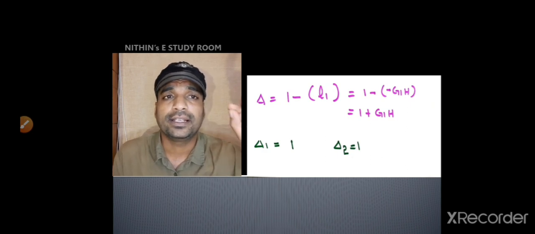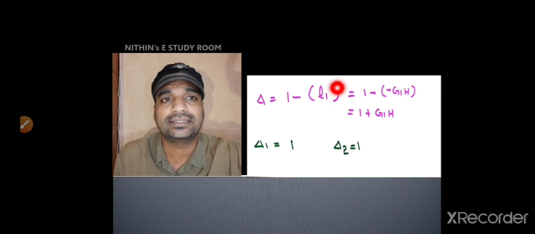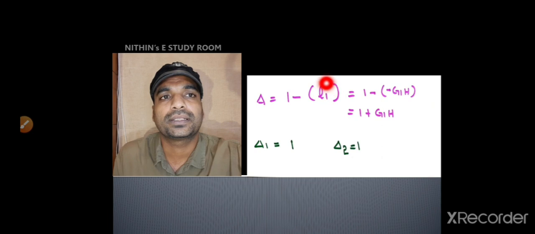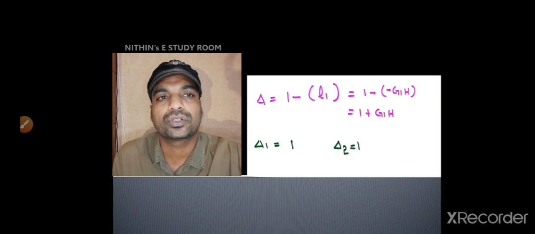That's why in the first forward path, L1 is touching, so this L1 becomes 0 in the delta 1 equation. So delta 1 is 1. In the second forward path, again L1 is touching, so it again becomes 0 in the delta equation. So delta 2 also becomes 1.